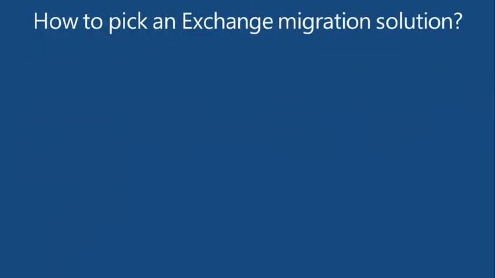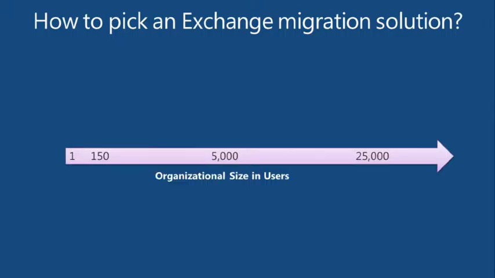So choosing between these options, particularly the bottom three, so cutover, staged, and hybrid, is really about three things. It's about size of your organization. If you're a small organization running, say, Exchange 2003, it doesn't really make a lot of sense for you to do hybrid. Hybrid's going to require at least one Exchange 2010 server in the environment.